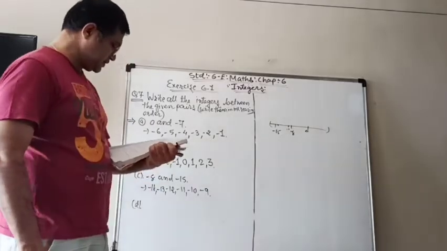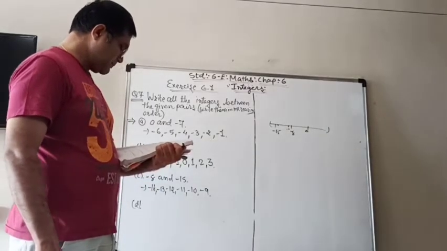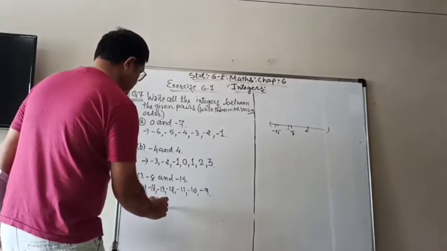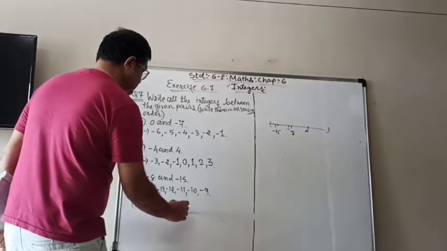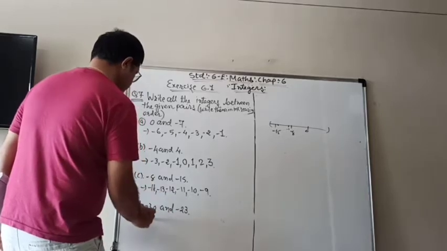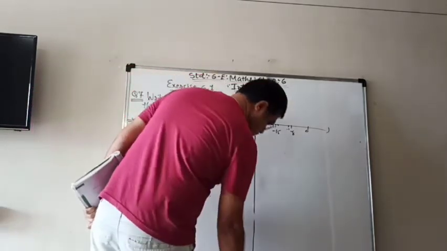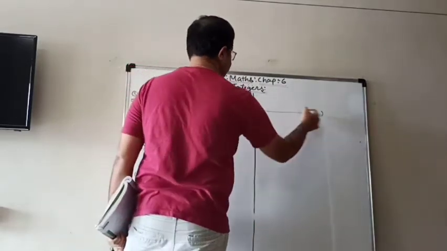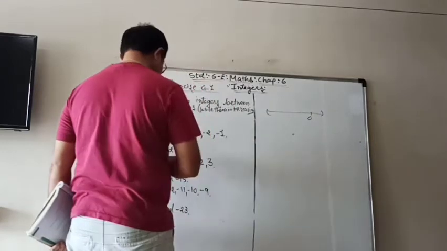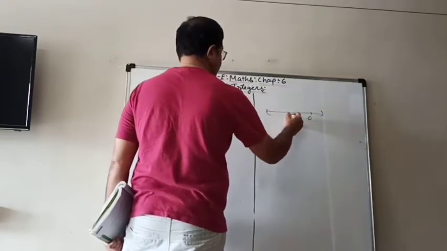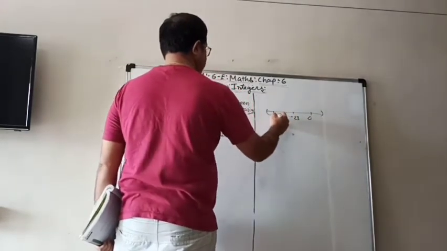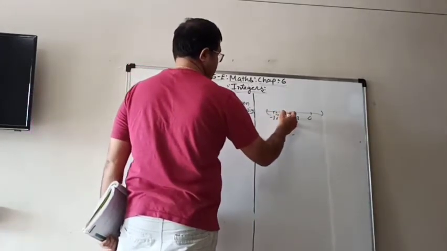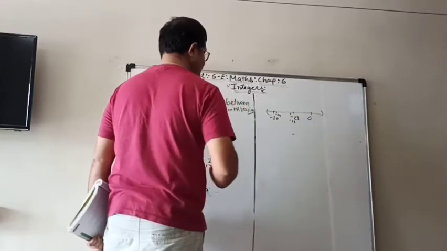And the last pair D is minus 30 and minus 23. So here on the number line again, imagine negative numbers. So minus 23 will be first that side and minus 30 will be here. So between them minus 29 up to minus 22.